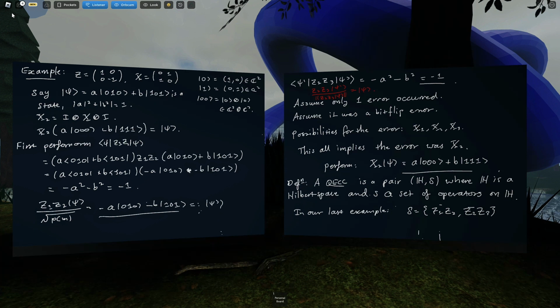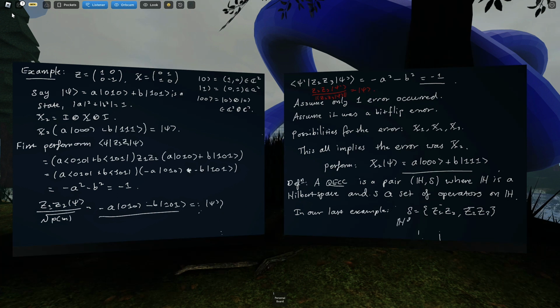And then the code space, which is the set of correct messages or correct states, are all of the vectors that are invariant under this set of operators. So think about these as the check operators. They check whether an error has occurred. And so if your vector ends up invariant under these, then you are a correct message. And if you deviate from it, then you've had an error occur to you.